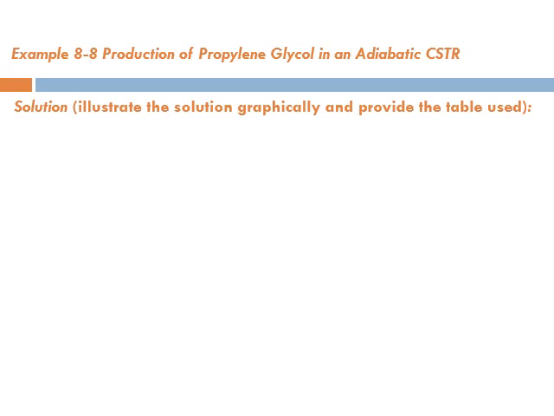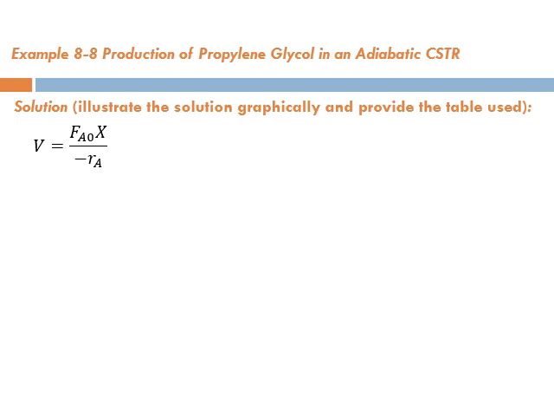So we start from the material balance, from the design equation. As you recall, guys, now we have two unknowns, X and T. That means we need two equations. First one is the material balance, the second one is the energy balance.